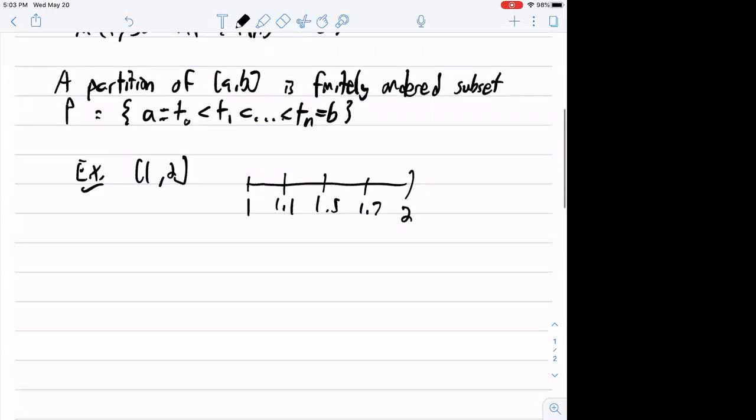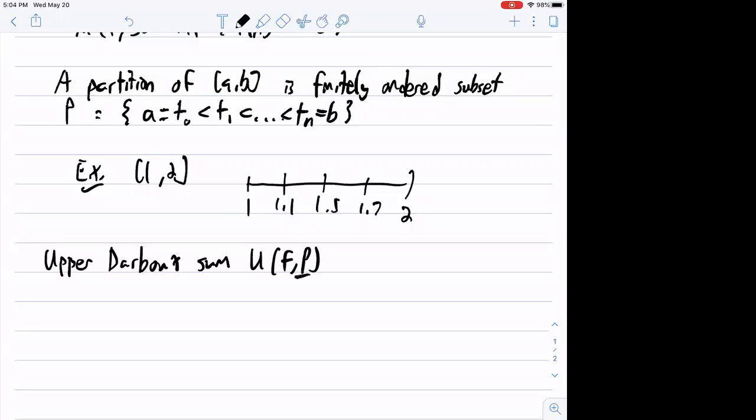We denote the upper Darboux sum, I believe that's how it's pronounced, as U(f,P).